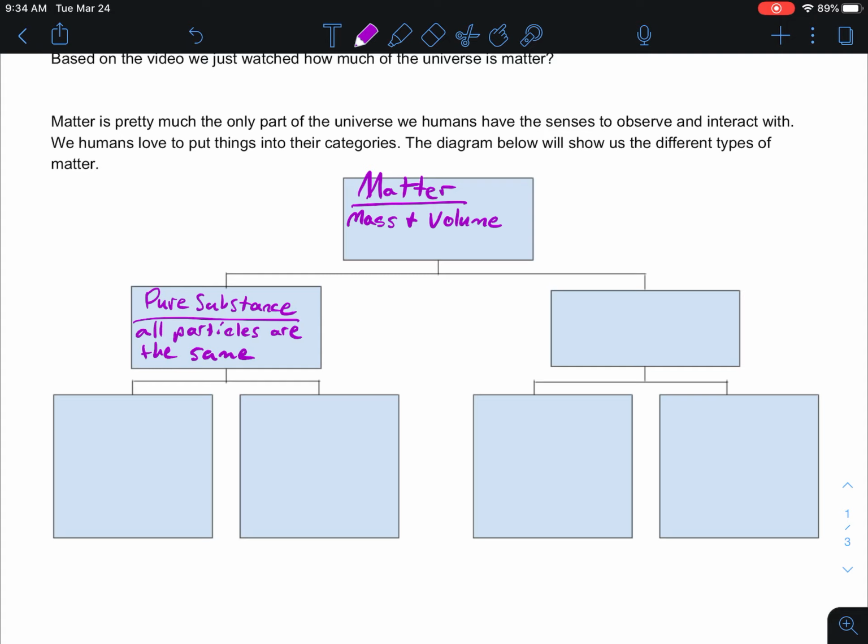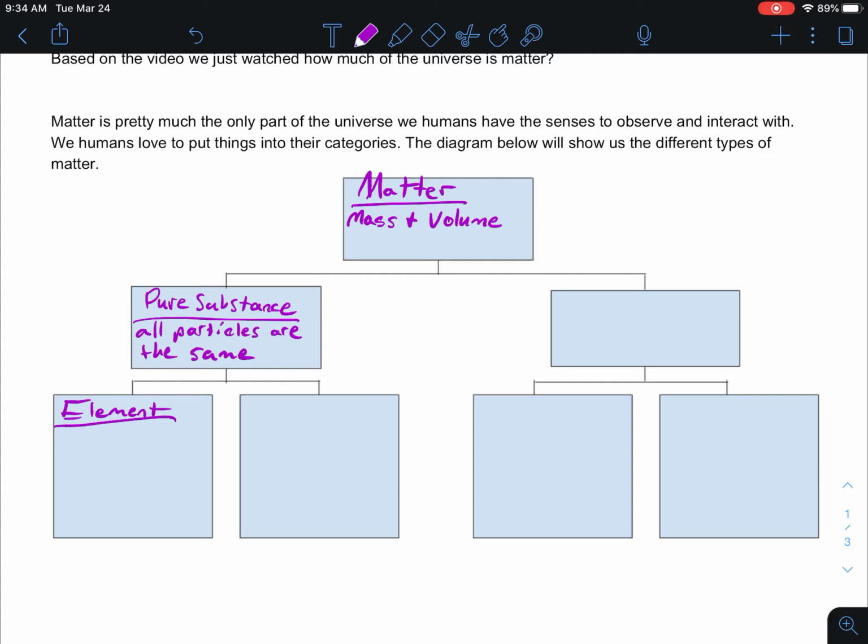All right, whatever group they have, all of the little groups of particles are exactly the same. What does that mean? Okay, well, makes sense to go with the easiest one first.